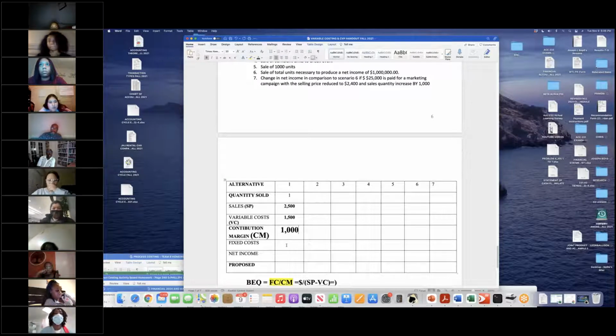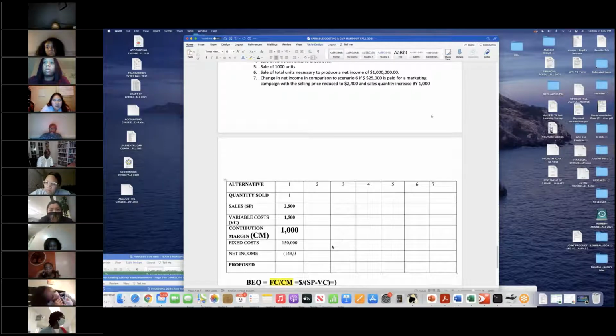Now our fixed cost in this problem is what? 150,000. So if you sell one computer, what does it look like? What's your net income going to be? Maybe a minus 149,000.